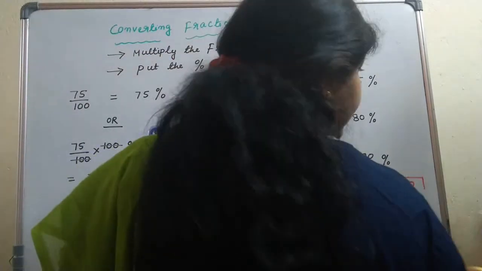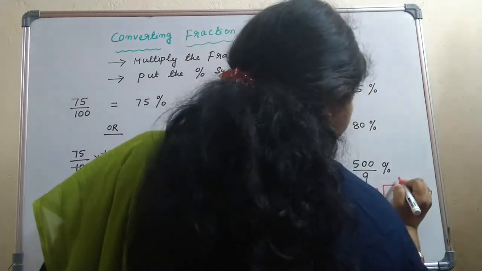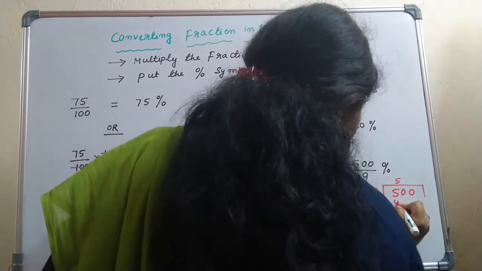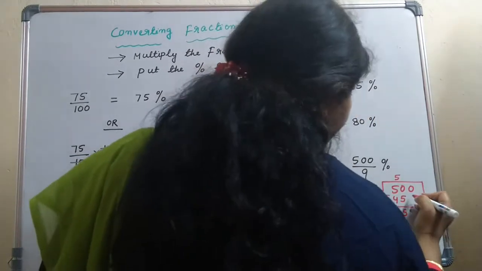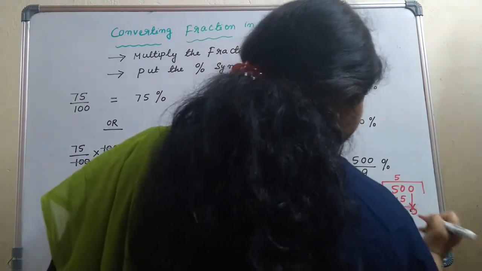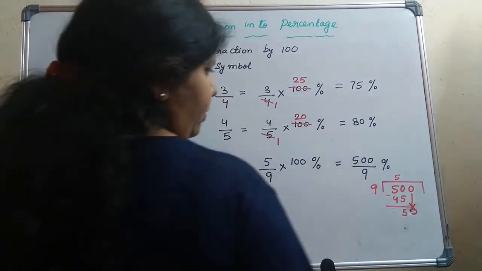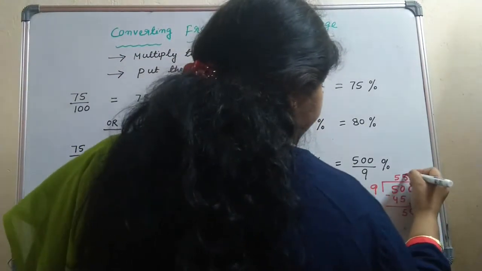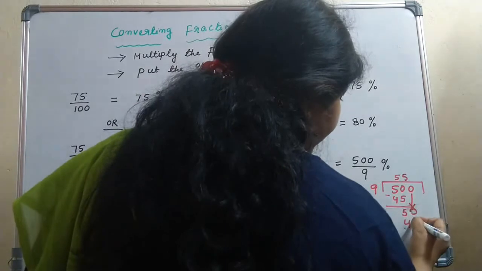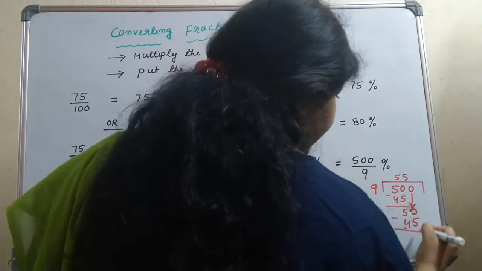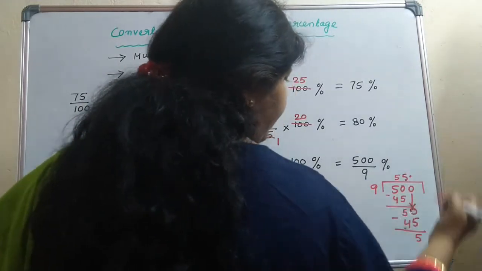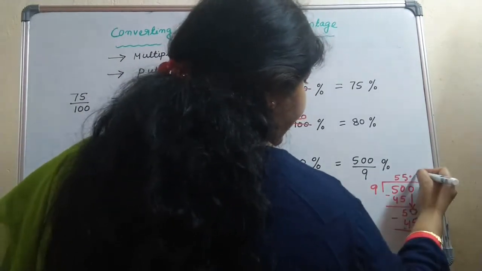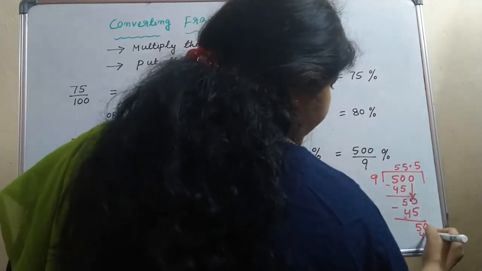Nine fives are 45. After subtraction, what I got? 5 here, and this 0 will come down here. So again I will get a 5. 9 fives are 45. After subtraction, again I will get a 5. Now I will put the point, then 0. 9 fives are 45.